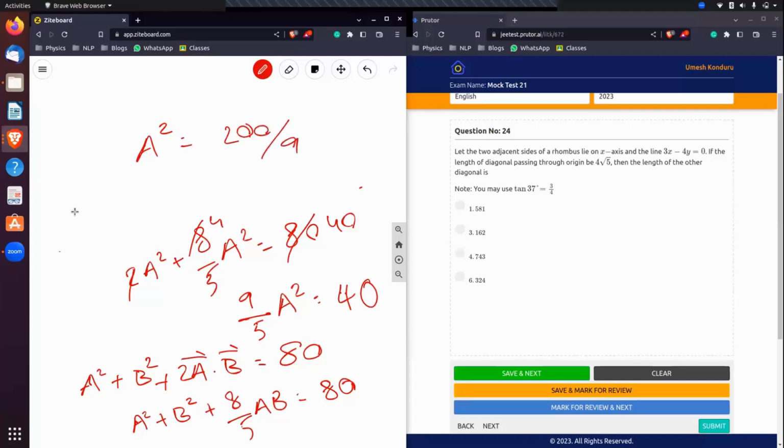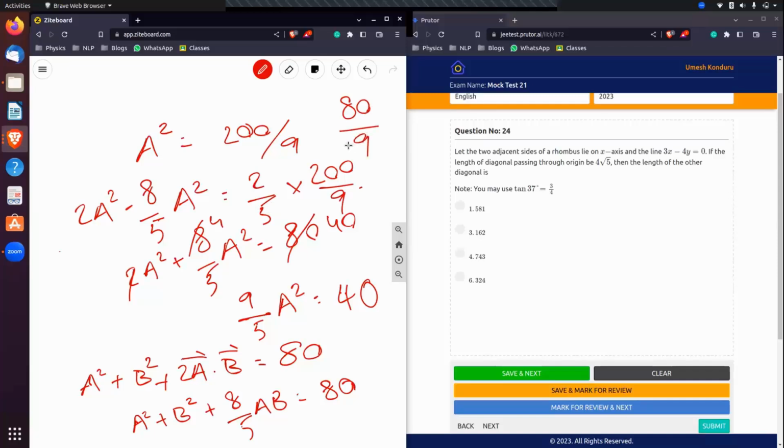So from that you can figure out 2a square minus 8 by 5 a square, and that will be 2 by 5 times 200 by 9. So you get 80 by 9. Now that's close to 9, which means our answer should be a little bit less than that.